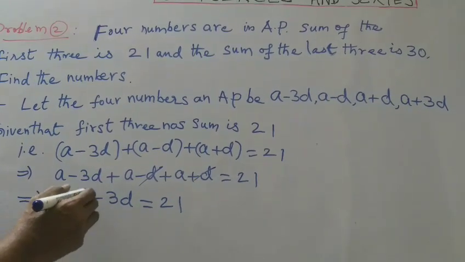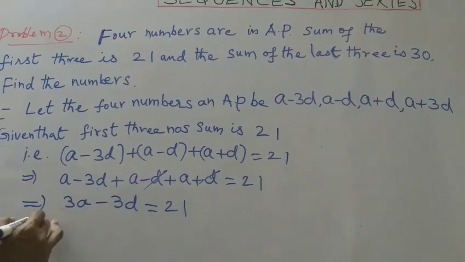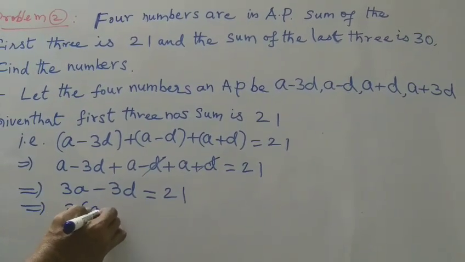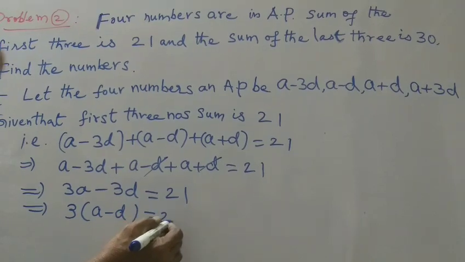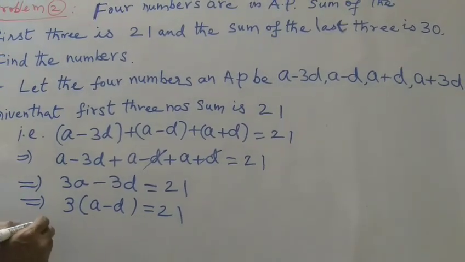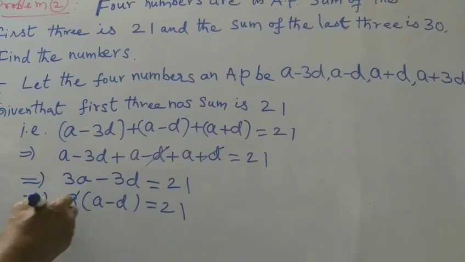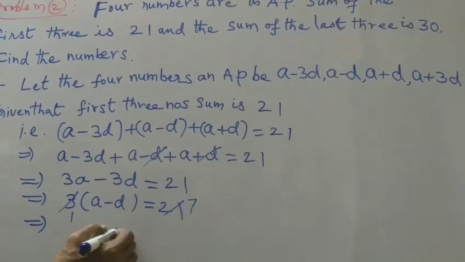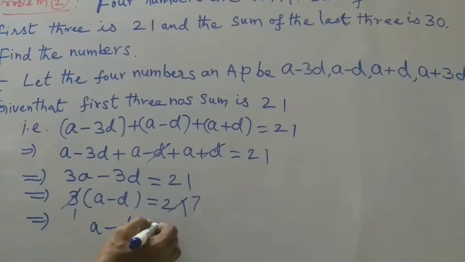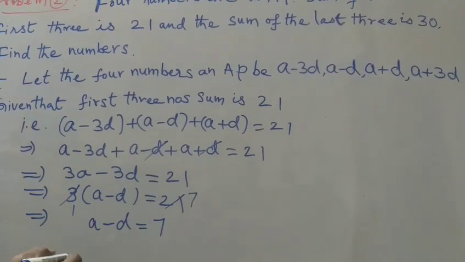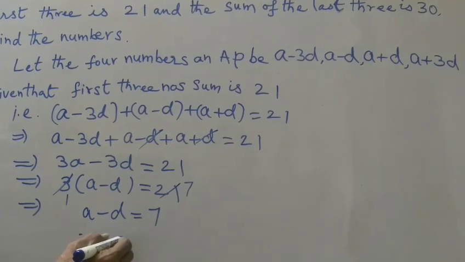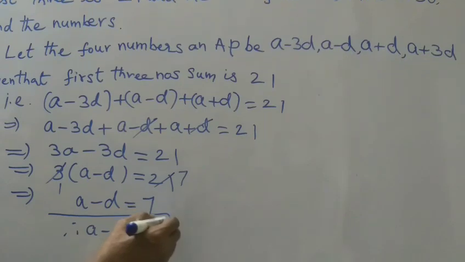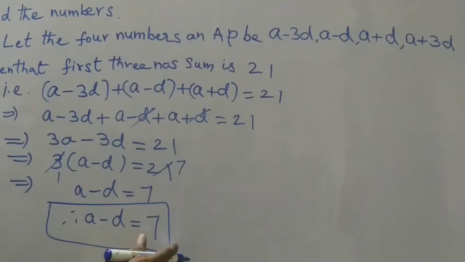Now 3 is common for these two terms. 3 of a minus d is equal to 21. 3 sevens are 21. So a minus d is equal to 7. Therefore a minus d is equal to 7. This is the first one.